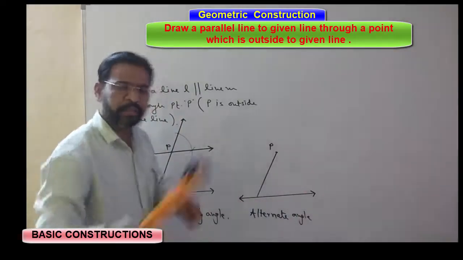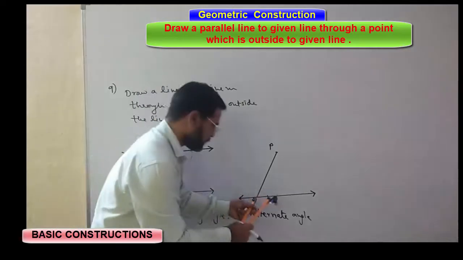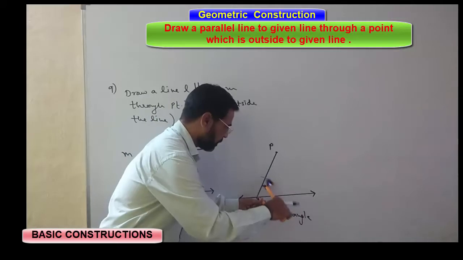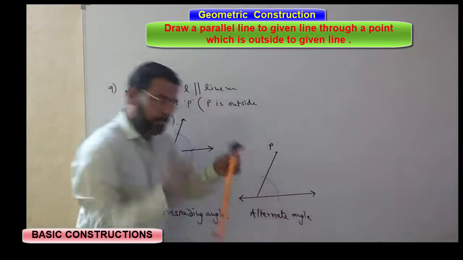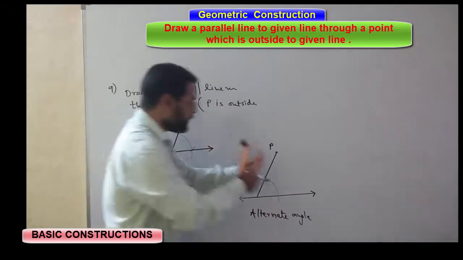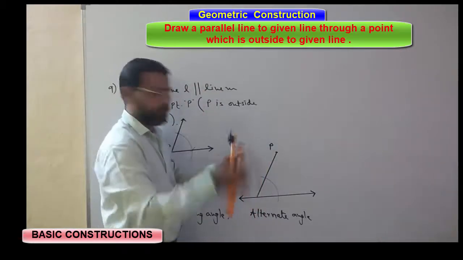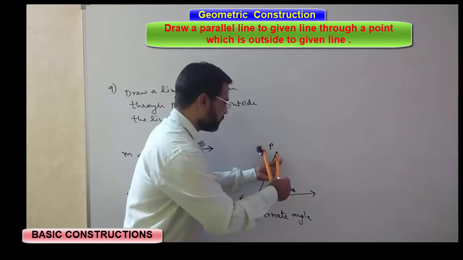Again, here also I will follow the same procedure. Yes, from this particular point, we will take one arc here. Okay, by the same distance from this way, because in alternate angle it is like a Z shape. Okay, see here.